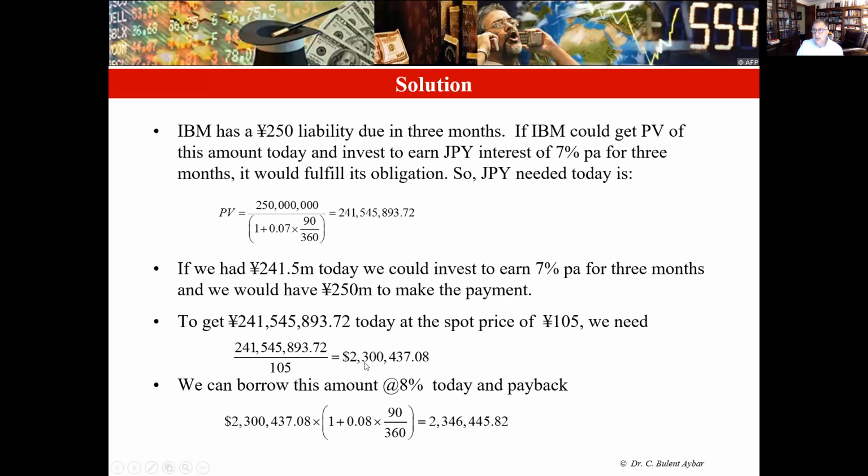And then we will assume that that domestic currency amount is going to be borrowed at the prevailing interest rate. And that will give us the actual cost of paying this foreign currency liability. So this is how we approach the money market hedge.